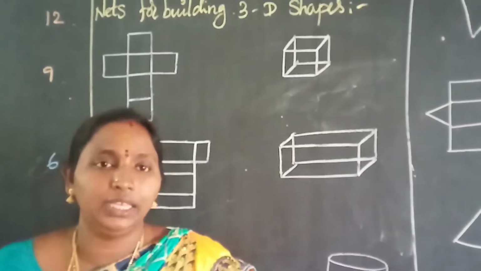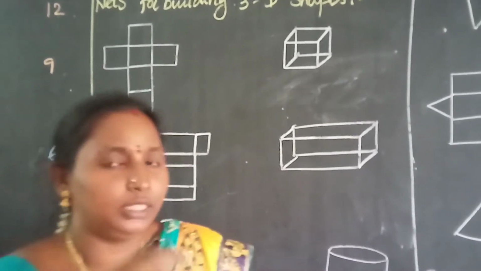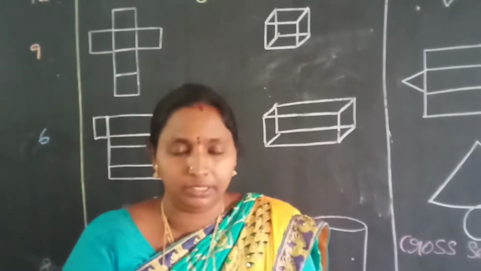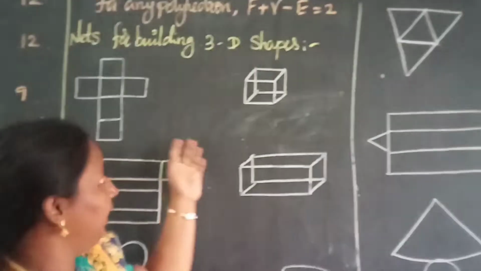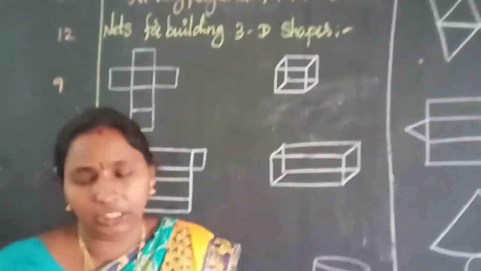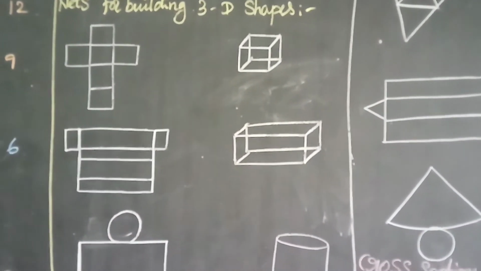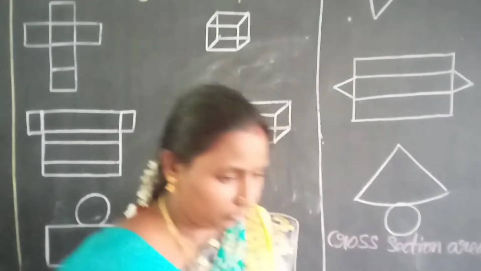If you went to a cake shop or a sweet shop, they keep the sweets or cakes in a box, you know. So how are they making the 3D shape box? Using nets only, they are making the 3D shape. Here I made one shape, that is for a square.